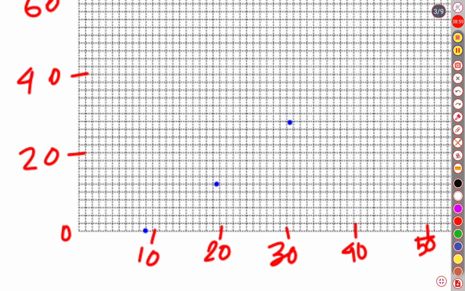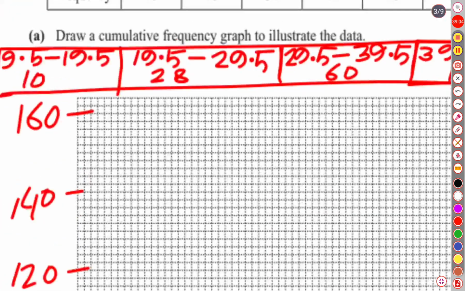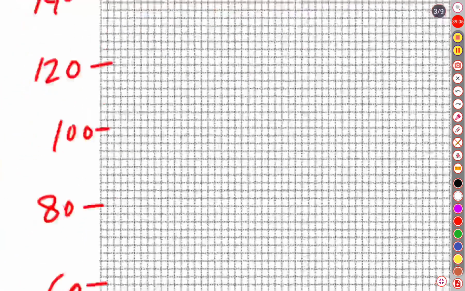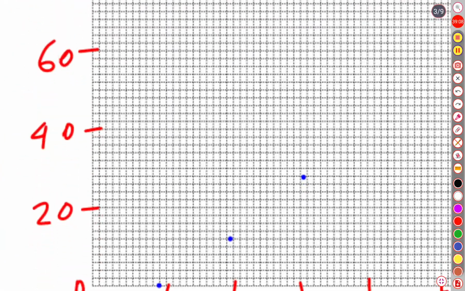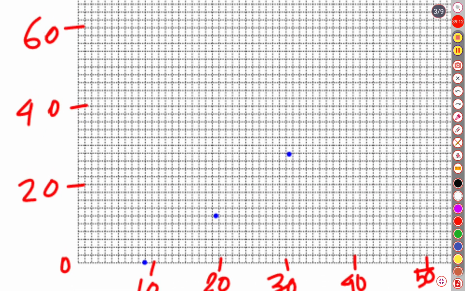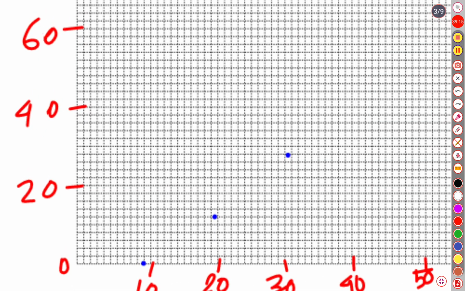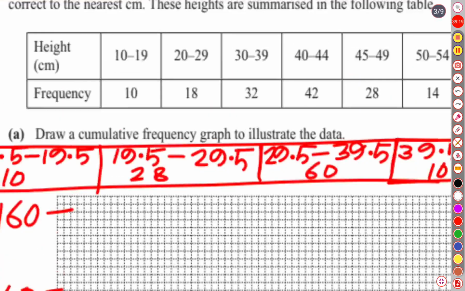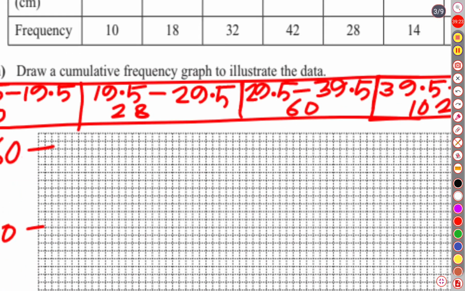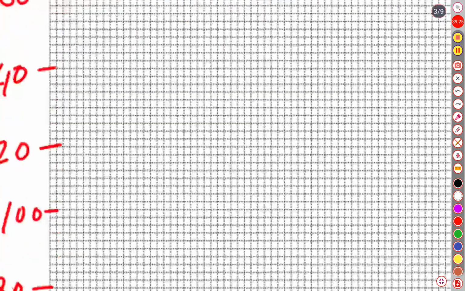The next cumulative frequency is 60. So our 60 is over here, and our upper class bound was 39.5.